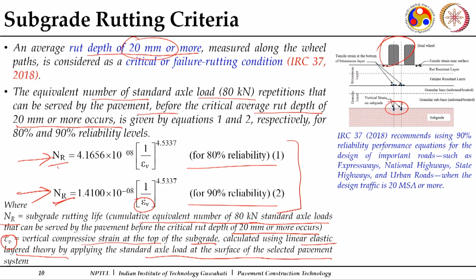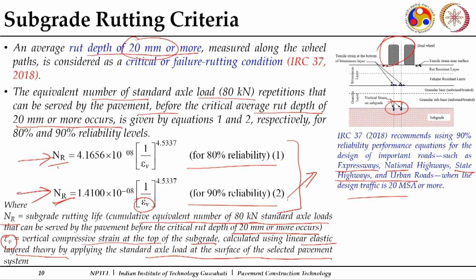The 90% reliability is more important for important roads, especially expressways, national highways, state highways or urban roads, and even when the design traffic is more than 20 MSA, you will use this 90% reliability equation.